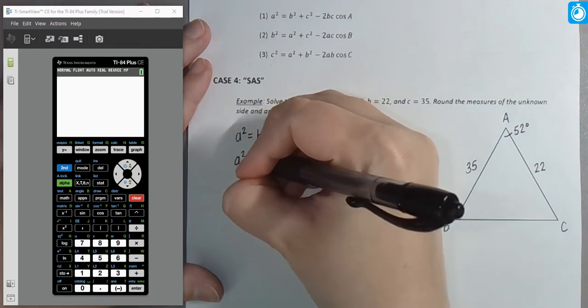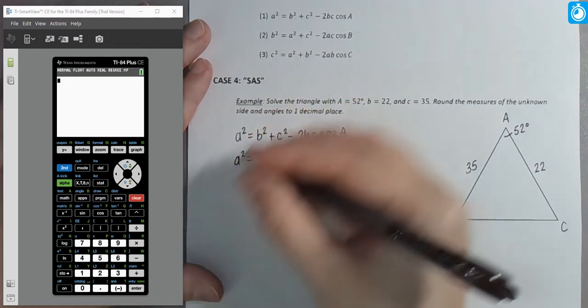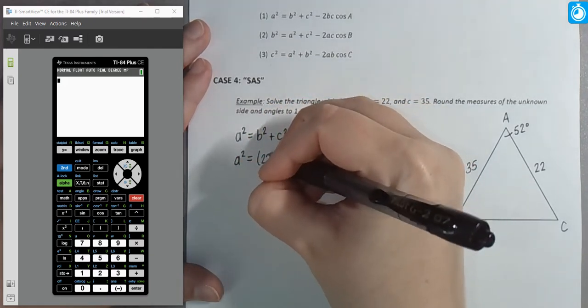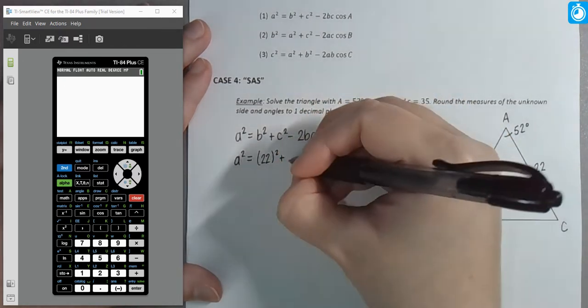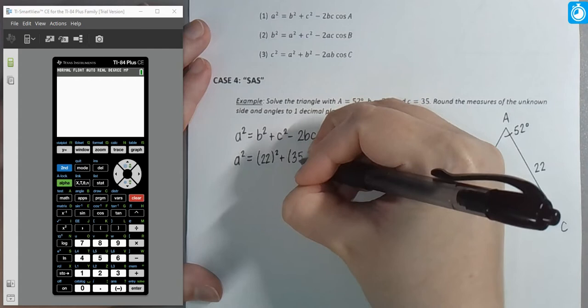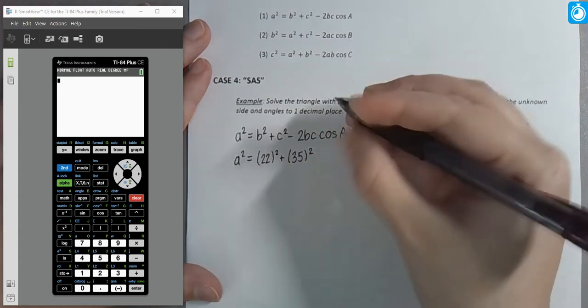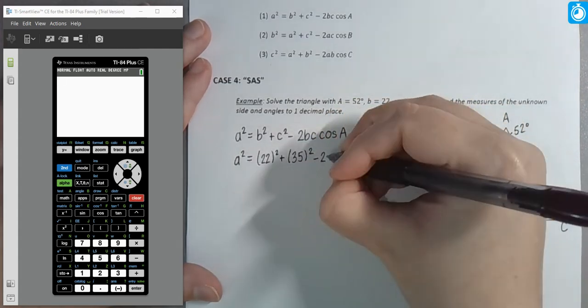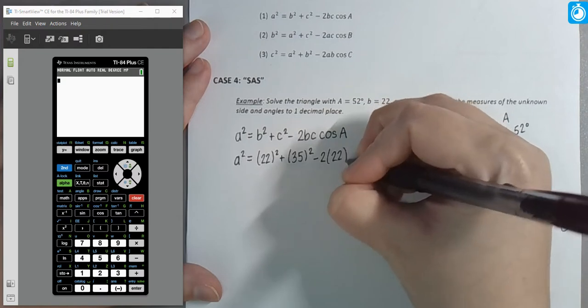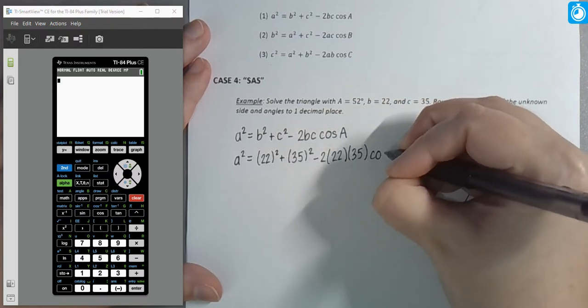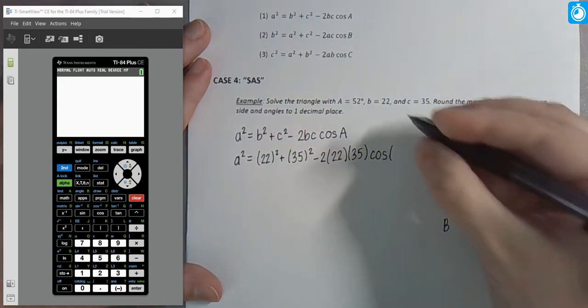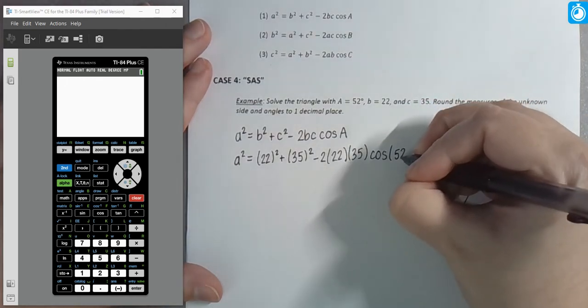So a squared is equal to b squared, so 22 squared, plus c squared, so 35 squared, minus 2 times b times c times the cosine of angle A, which is 52 degrees.